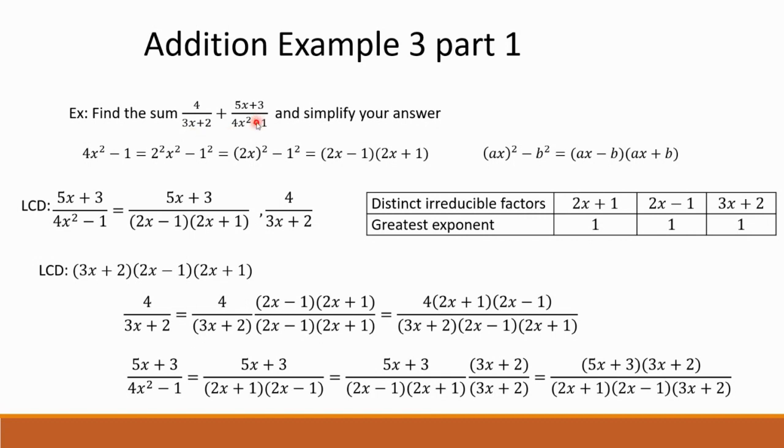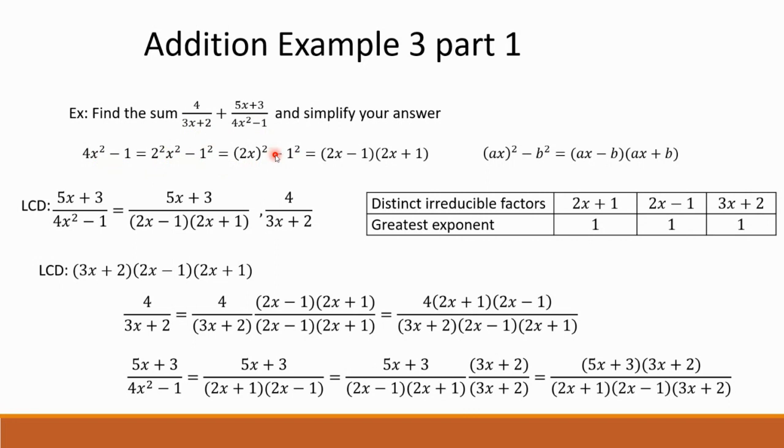Let's look at 4x squared minus 1 now. We know that 4 is 2 squared, so this is the same as 2 squared x squared minus 1 squared, which is equal to 2x squared minus 1 squared.